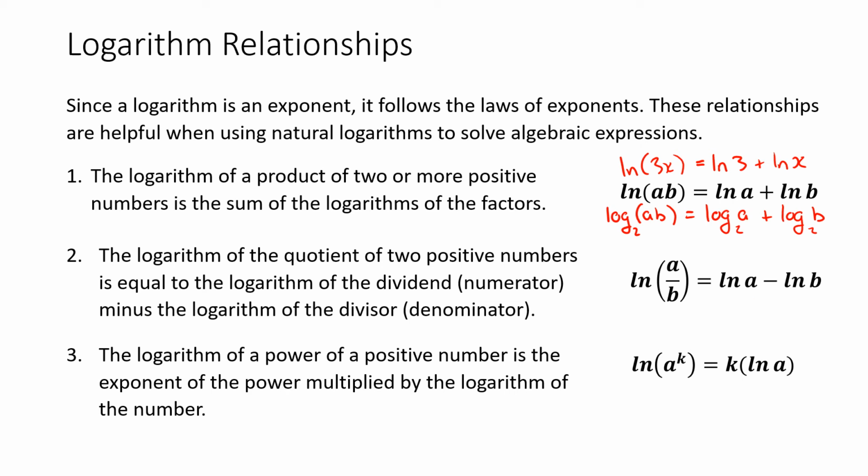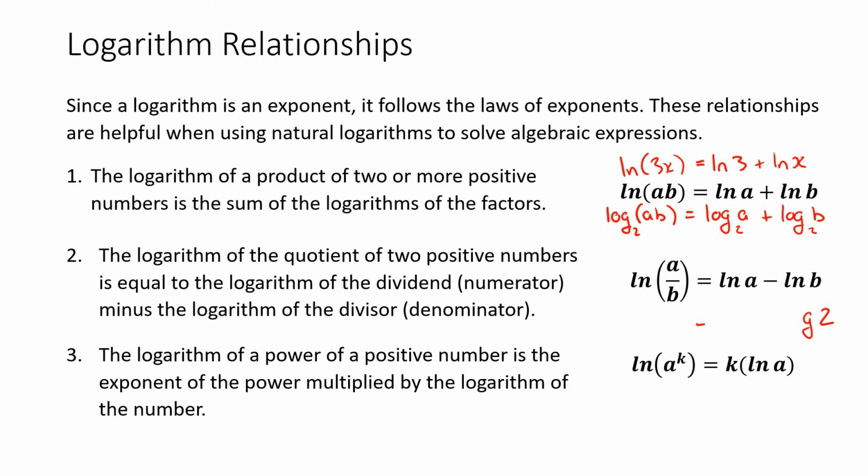So if you had something like the ln of 3 over 2, it's equal to the ln of 3 minus the ln of 2. Okay, unlike the first example, remember that minus. Okay. And just like in the past, this still works if you have the log of 3 over 2, it would be the log of 3 minus the log of 2. Okay.